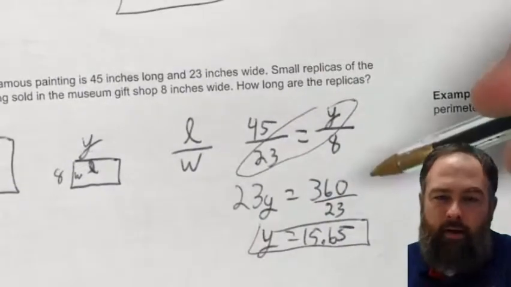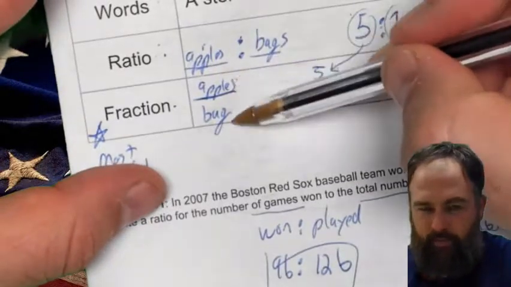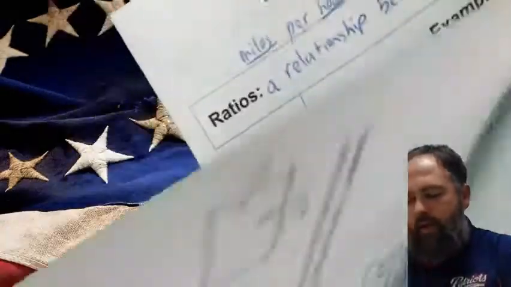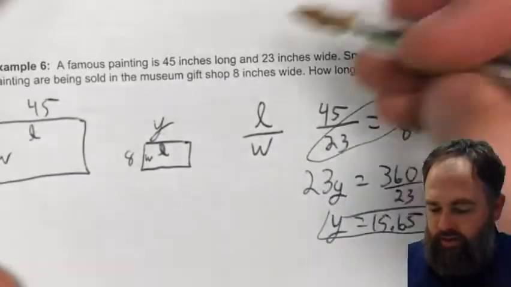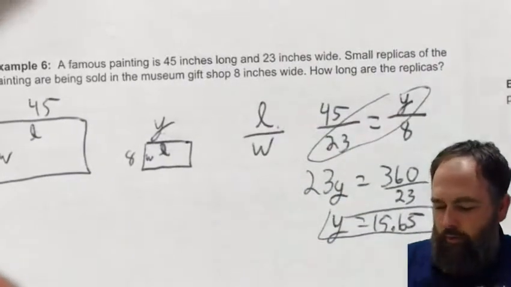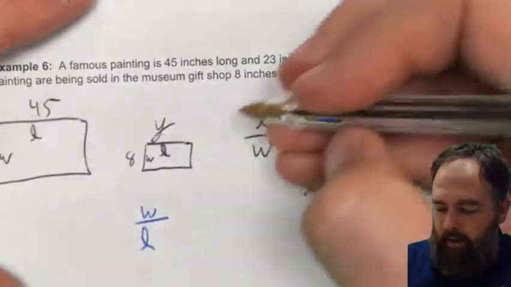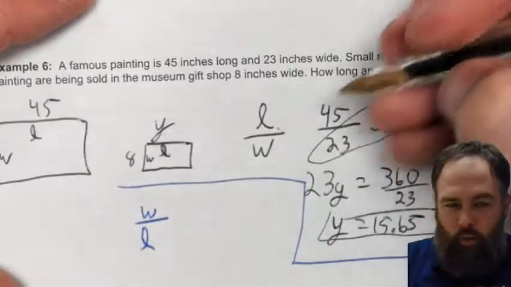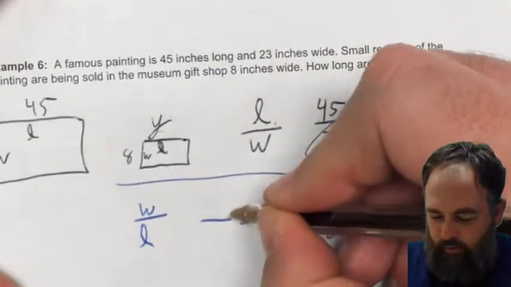All right. So I promised you guys that we would, at this point, show you why it does not matter whether we had put 5 over 1 or 1 over 5, apples to bags or bags to apples. Let's just say that instead of doing length over width, we're going to do width over length. Now, what I want to do is reset this entire thing as fraction equals fraction.